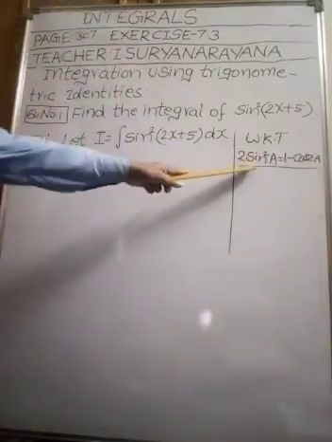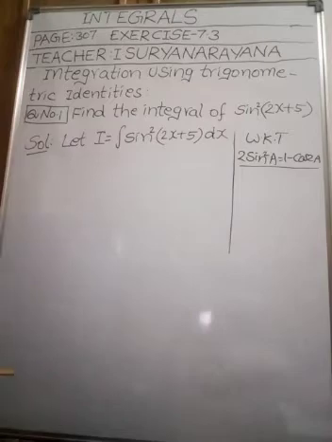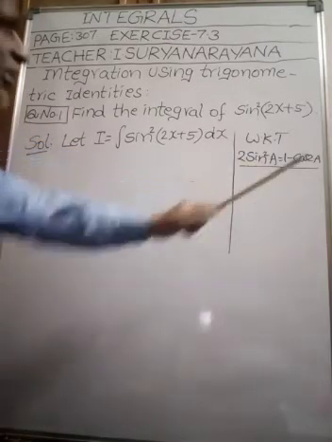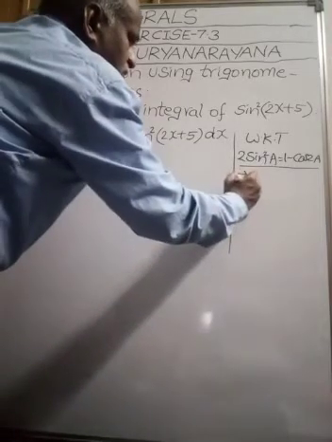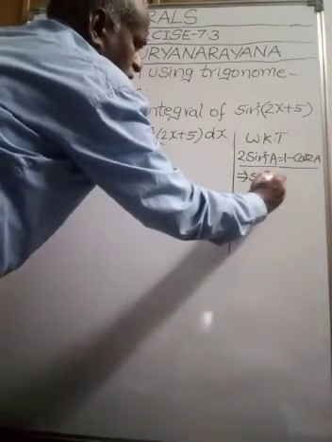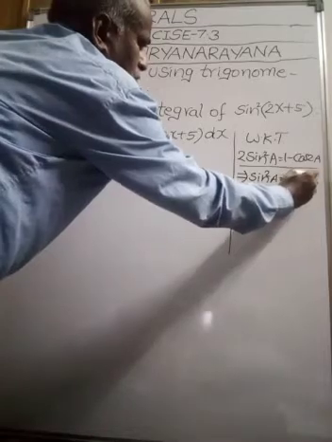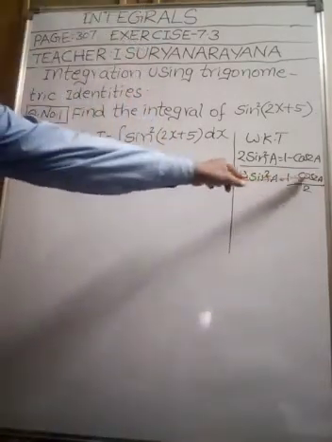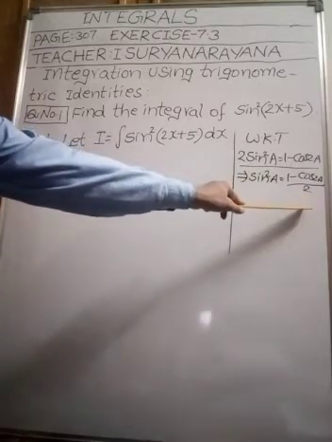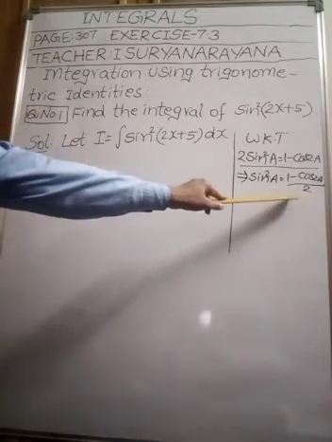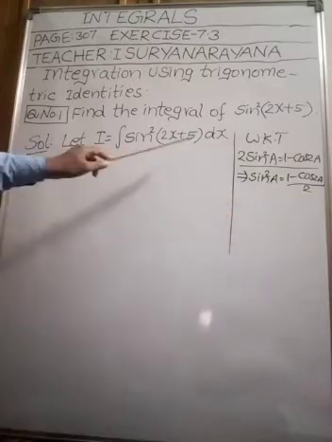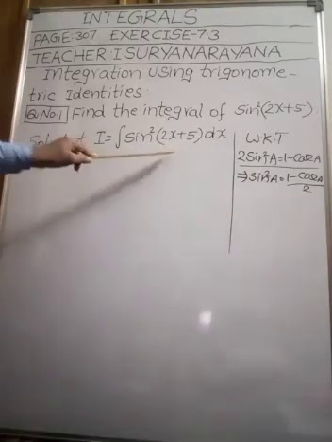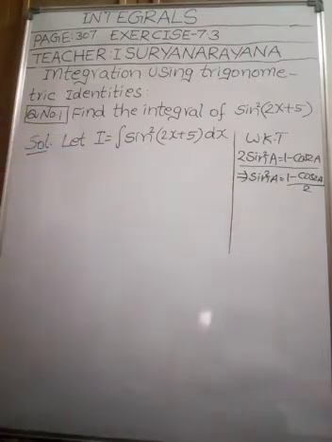From this trigonometric identity, we find the sin square a value. This implies sin square a is equal to 1 minus cos 2a whole divided by 2. We use this trigonometric identity here to convert the integrand.